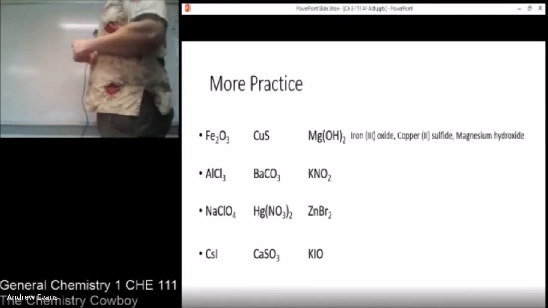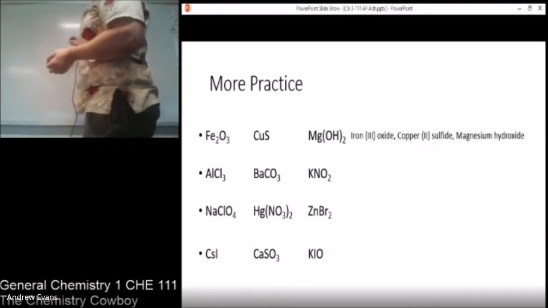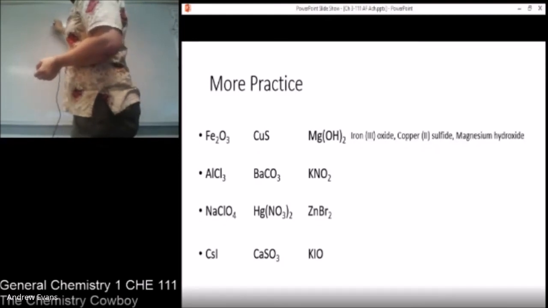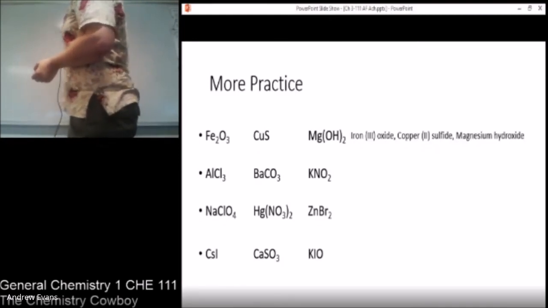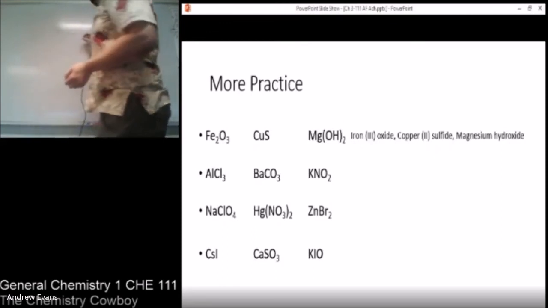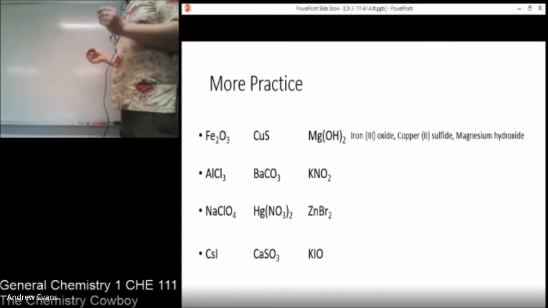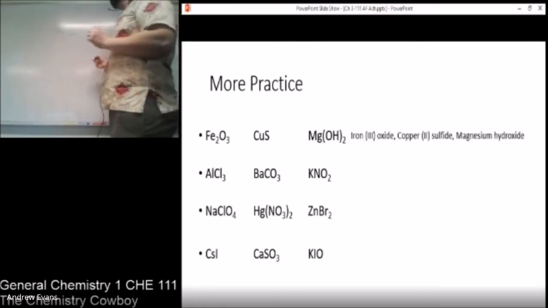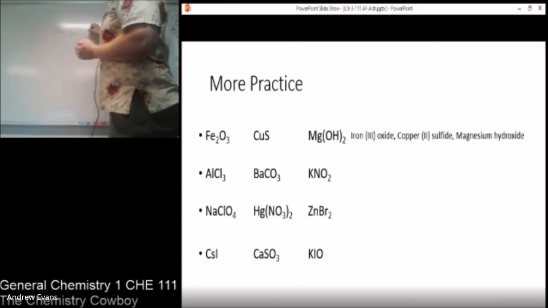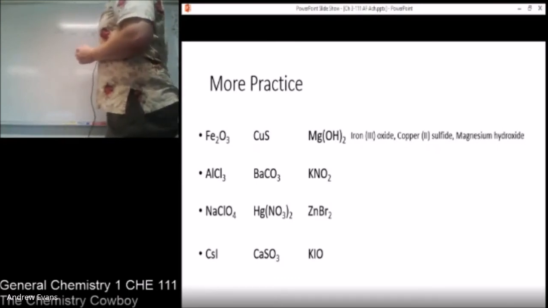BaCO3. So that one is a little tricky. Barium. And CO3 2- is the standard one for, it's not carbide because it's an oxyanion. It's either carbonate or carbonite. So carbon is group 3.